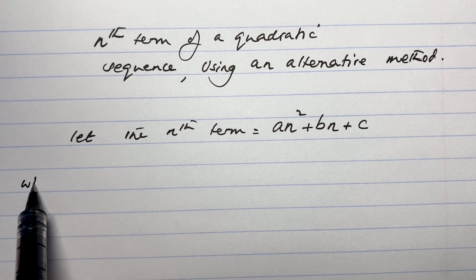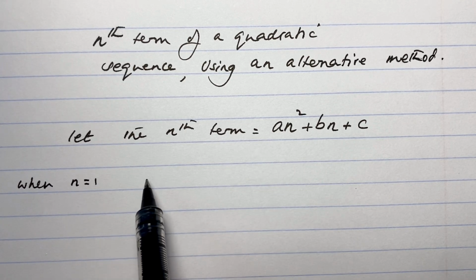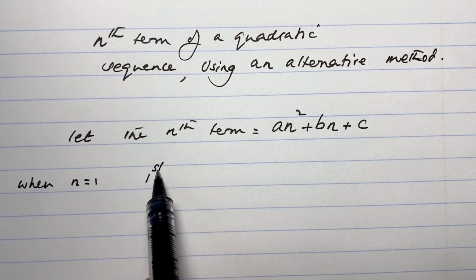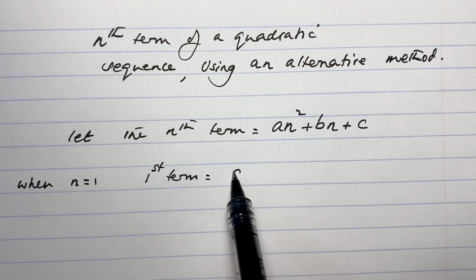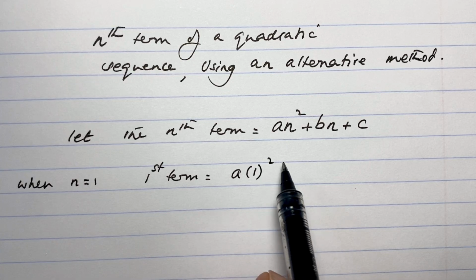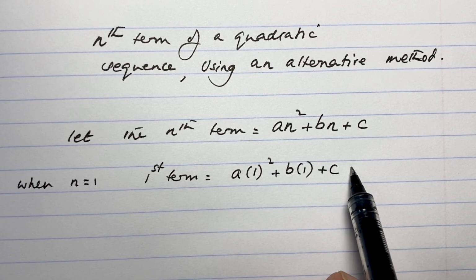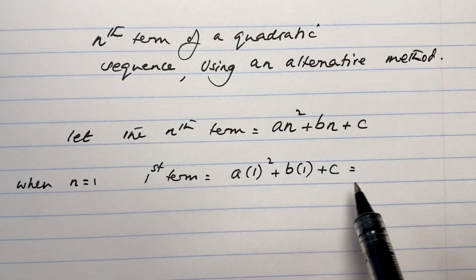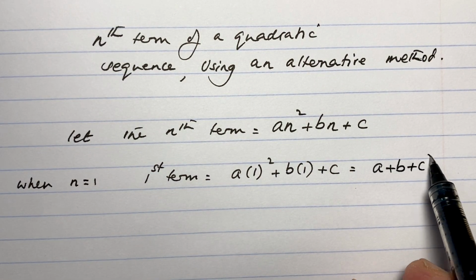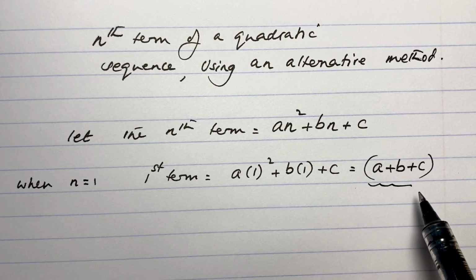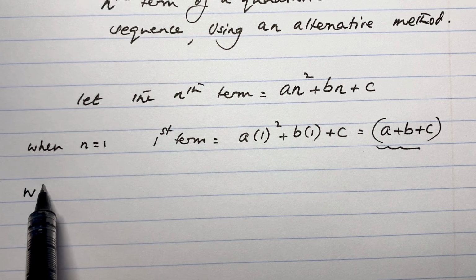So when n equals 1, the first term would be a1 squared plus b lots of 1 plus c. So 1 squared is 1 times a. That would be my first term. Let's find the second and third term as well.